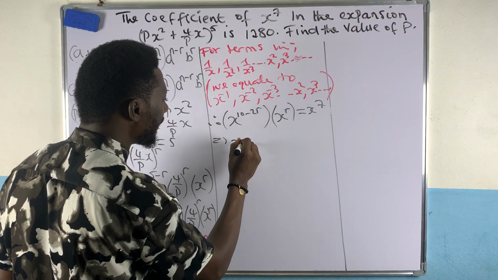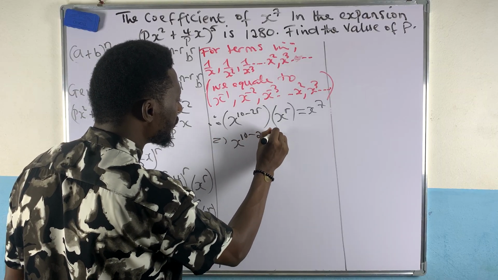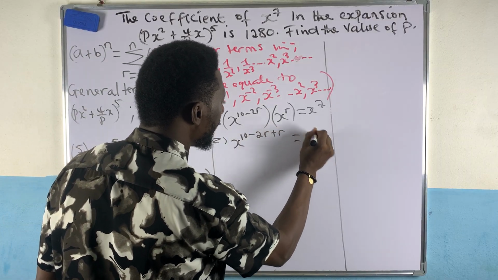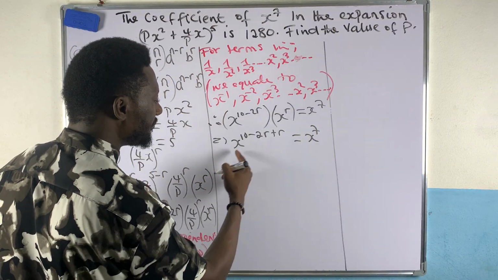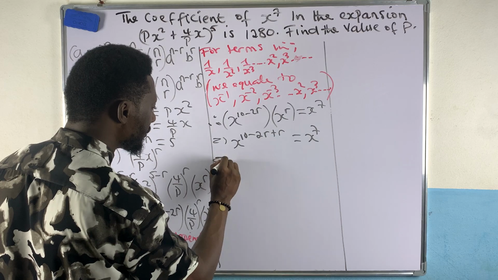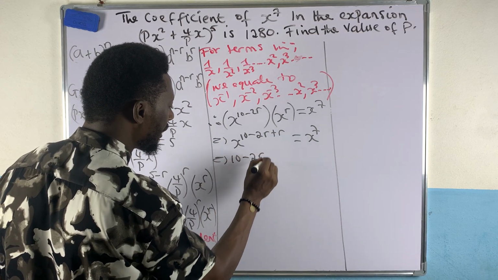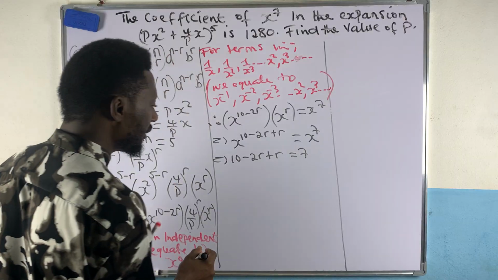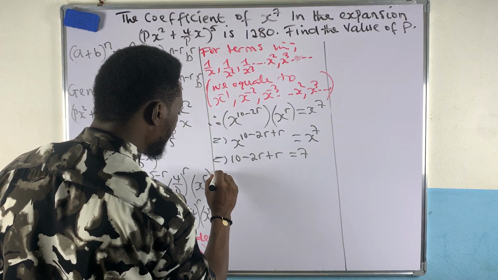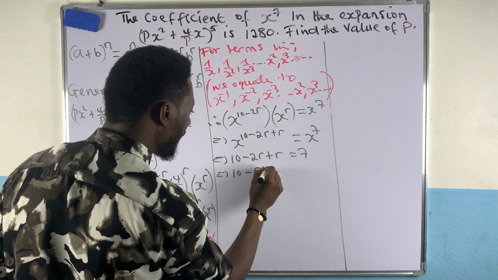So we have x to the 10 minus 2r plus r should be equal to x to the power 7. So bases are the same, so we equate the exponents. So we have 10 minus 2r plus r is equal to 7. So 10 minus r equal to 7.